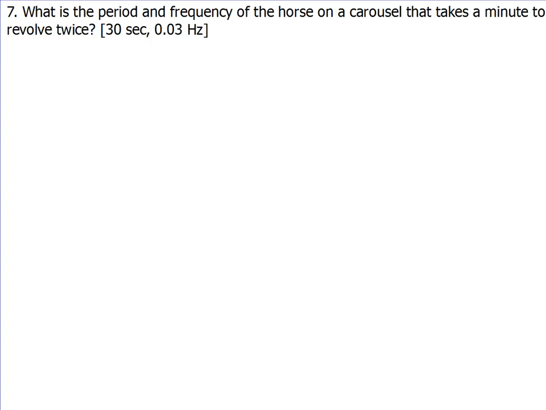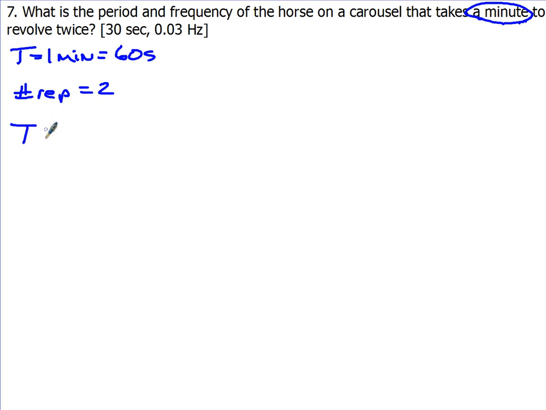What is the period and frequency of a horse on a carousel that takes a minute? Okay, a minute is a time, so my time is 1 minute. And I'm going to go on and convert this to 60 seconds because I can do this in my head. To revolve twice. So the number of reps is 2. So the period is the time divided by the number of reps.